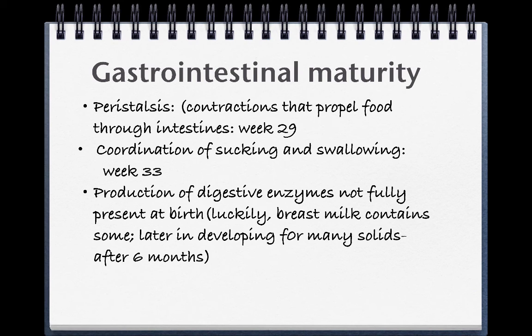So by week 29, we expect that an infant would demonstrate the ability to have peristalsis. So once food gets into the intestines, the unconscious and not overtly consciously controlled contractions that propel food through our intestines, that process would already be there.